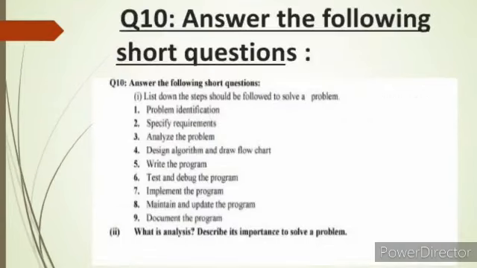And here are some more short questions for you students from book exercise. And question number 1 is list down the steps should be followed to solve a problem. Answer is available with question.